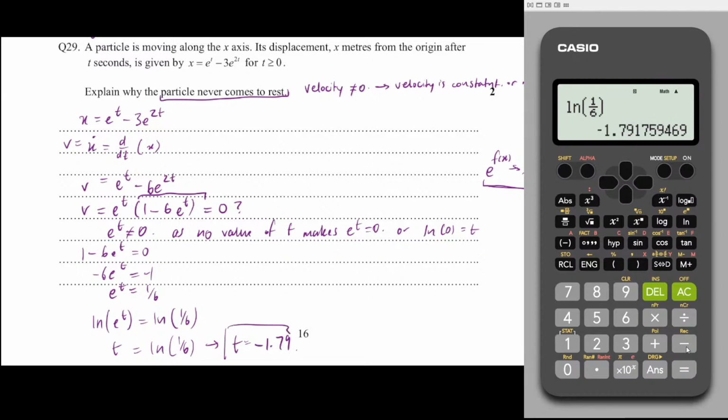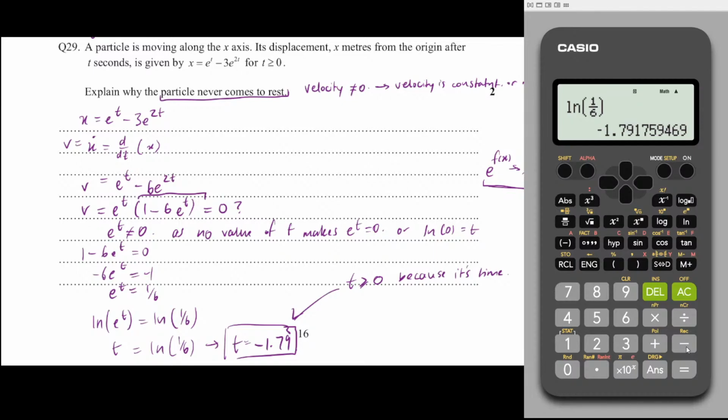Now, the issue with this answer is that we're dealing with time, and t has to be greater than or equal to 0 because it's time. You can't have 0 time, or less than 0 time.